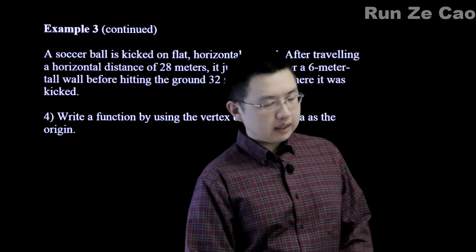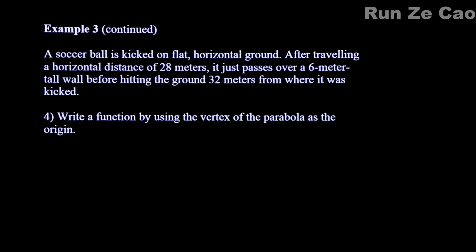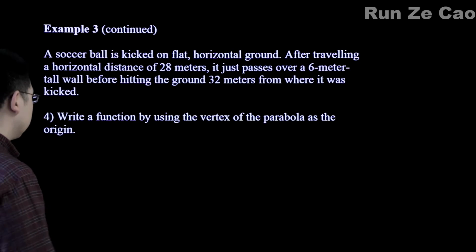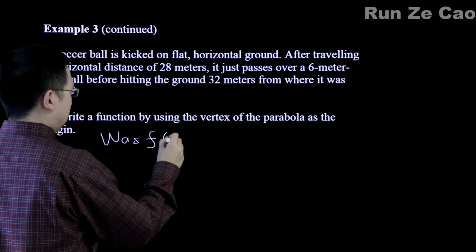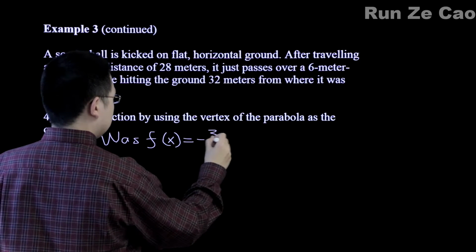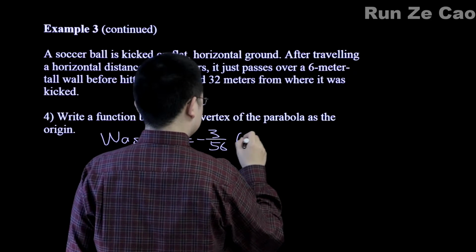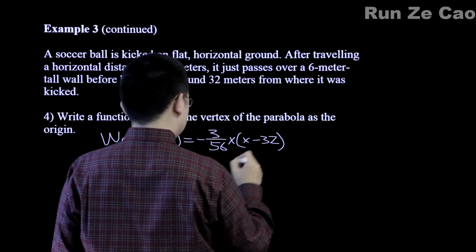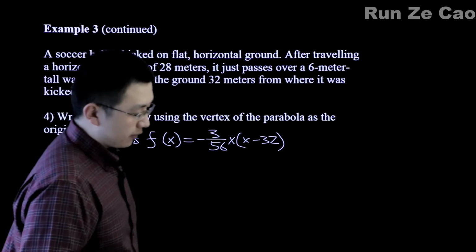All right. So here we restate the problem to make things a little bit simpler on us. We need to use the vertex of the parabola as the origin. We figured out earlier that it was f(x) equals negative 3 over 56 times x, well, x minus 32. So if we use the vertex of the parabola as the origin, what happens instead?